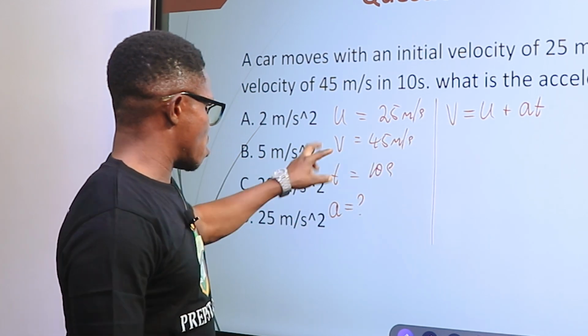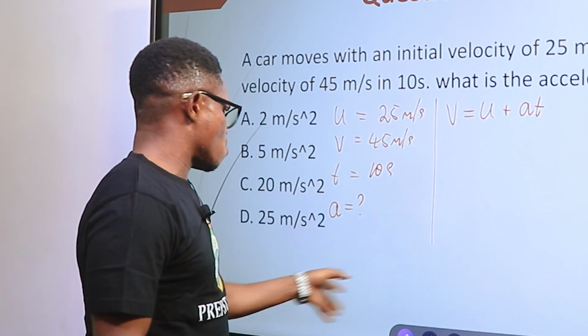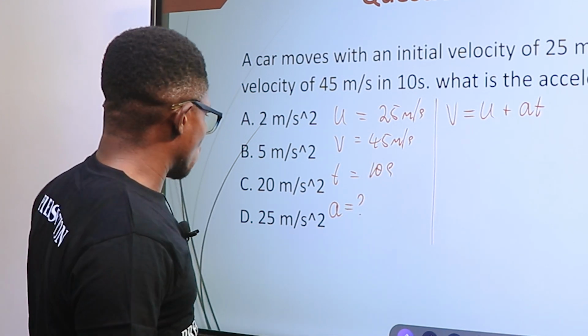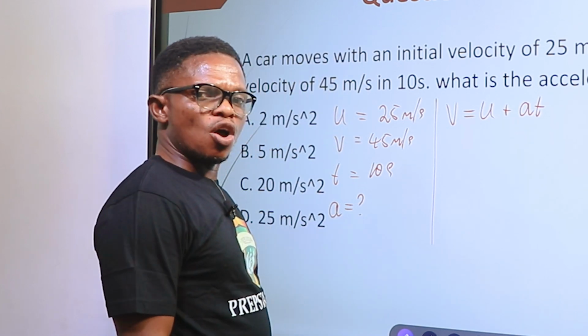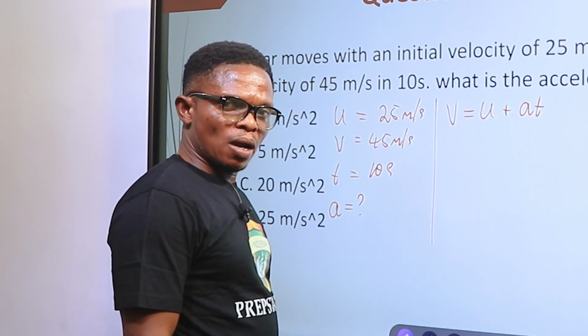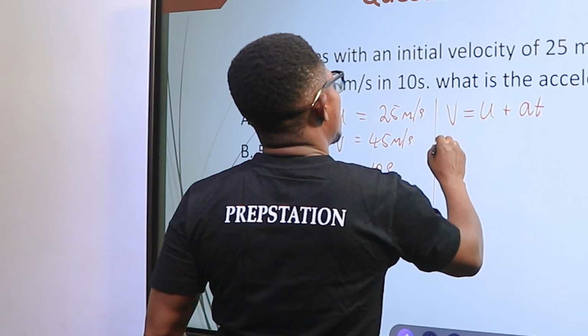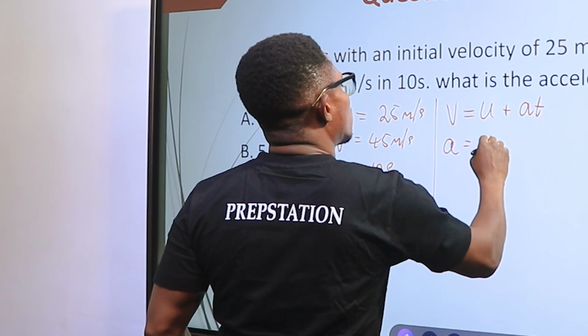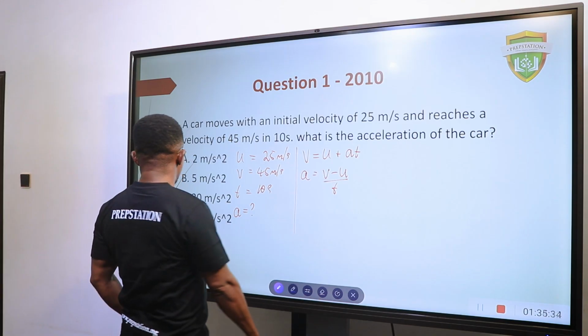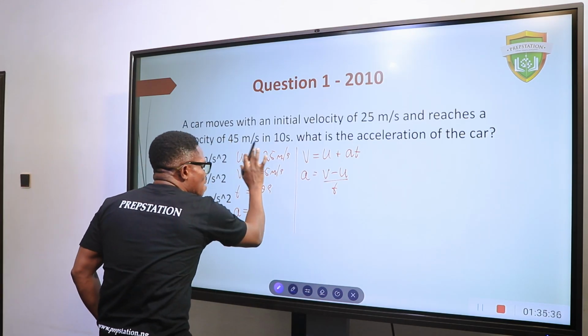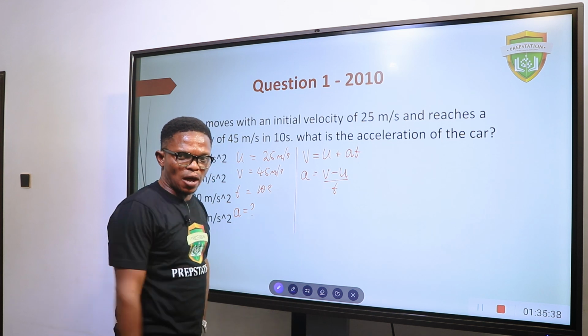We have U, we have V, we have T, we have A. So we can use this one. So all I need to do is come back here and make A the subject of the formula. So A will be equal to V minus U over T. So the next thing is what? Substitute these values into the formula to solve.